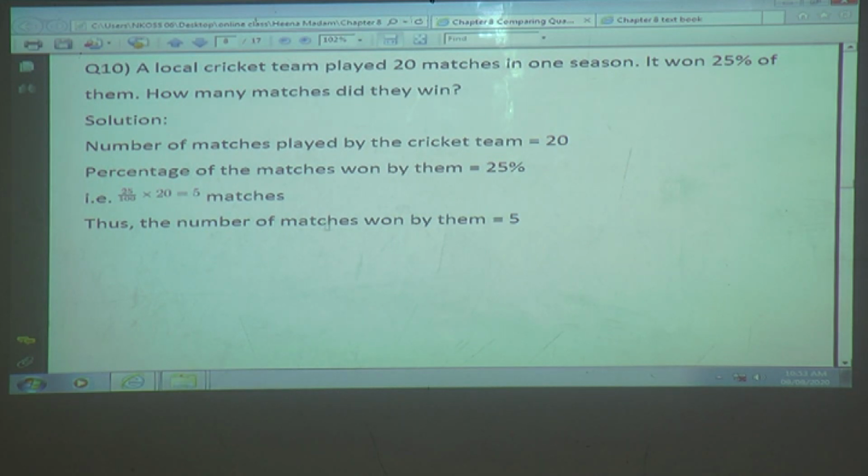Thus the number of matches won by them is 5, because they had won 25% of the matches, and total matches were 20. So out of 20 matches, they had won 5 matches. In this way we have tried to solve some word problems also.